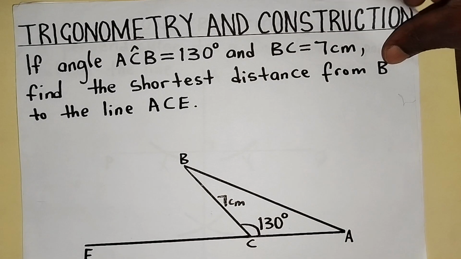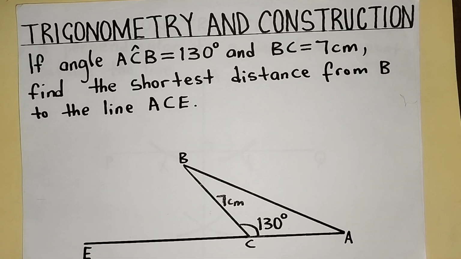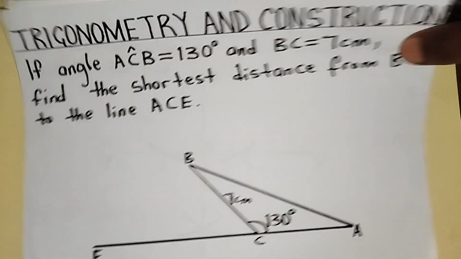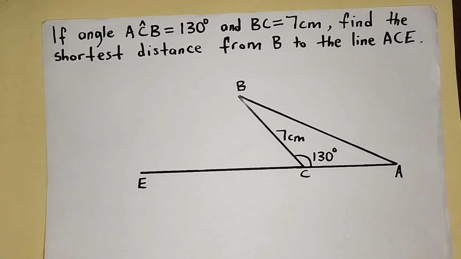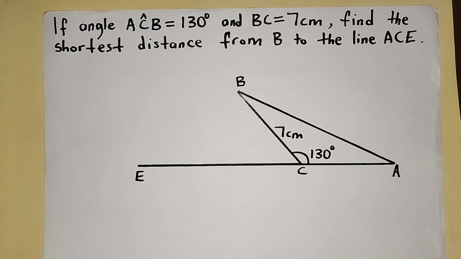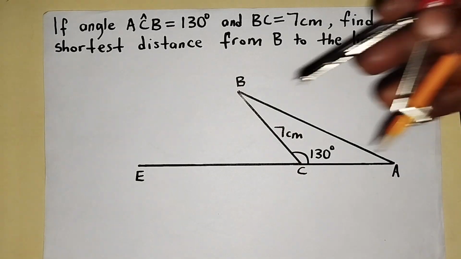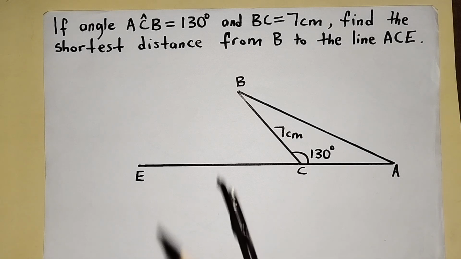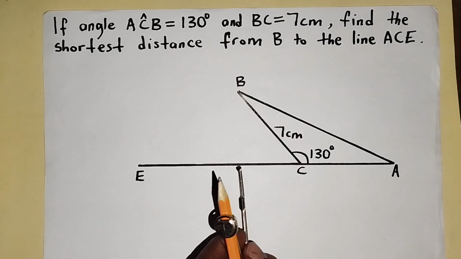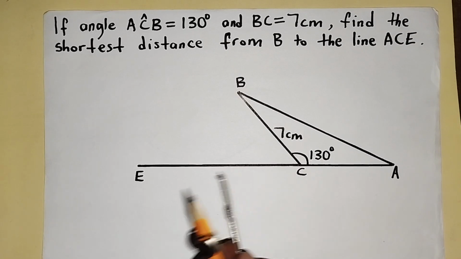So I'll use the method which I've just demonstrated, the method of construction. So here we are. The shortest distance from B to ACE is a line which comes from B and makes a right angle where it touches ACE.